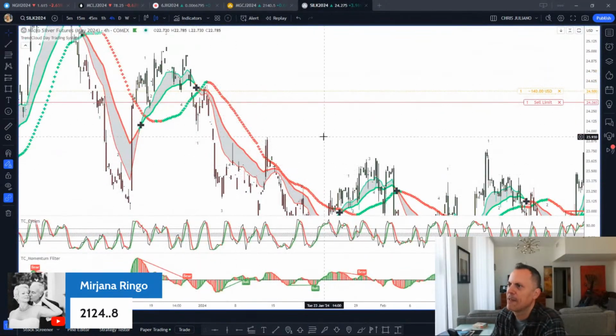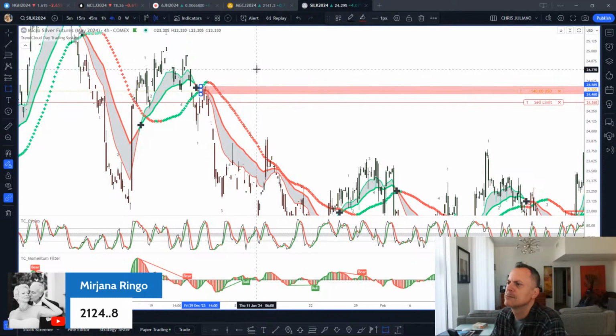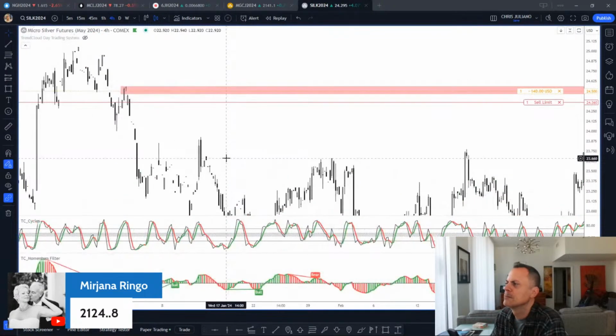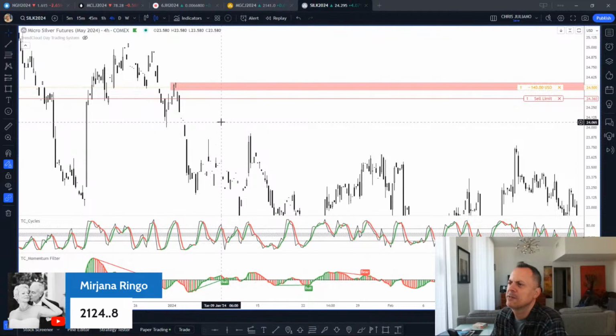See all this space? Little different. Little different on the micro silver, right? Got a little bit further to go.